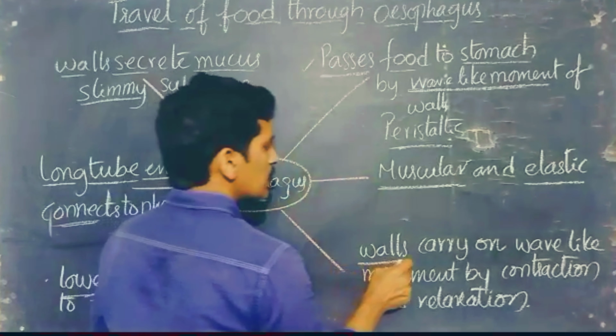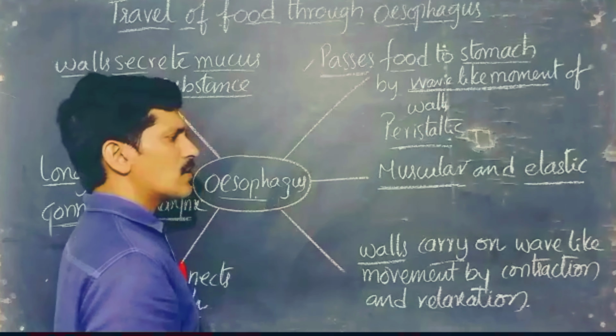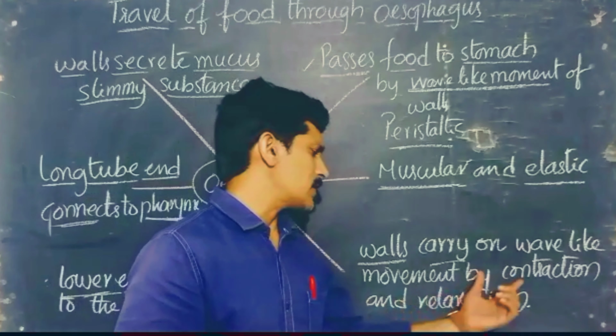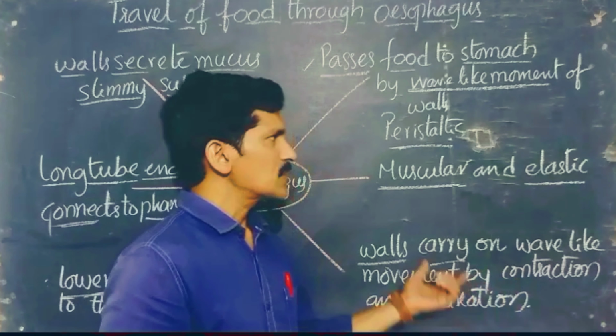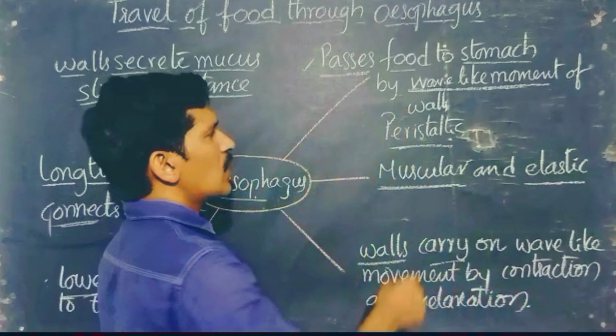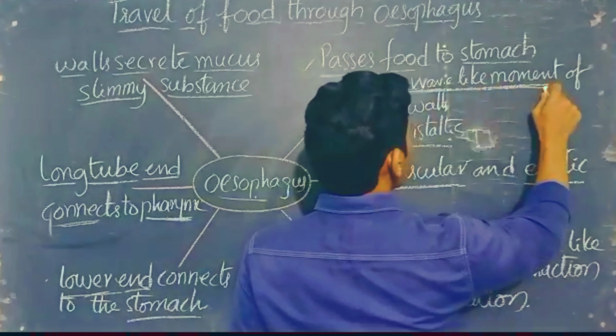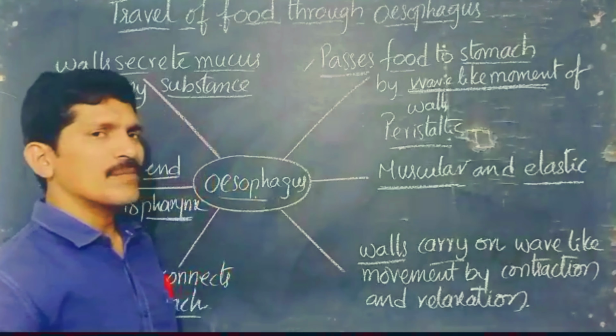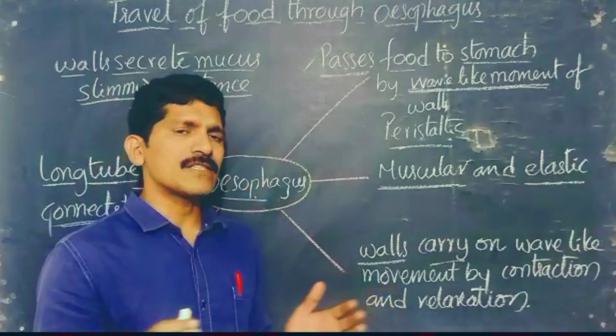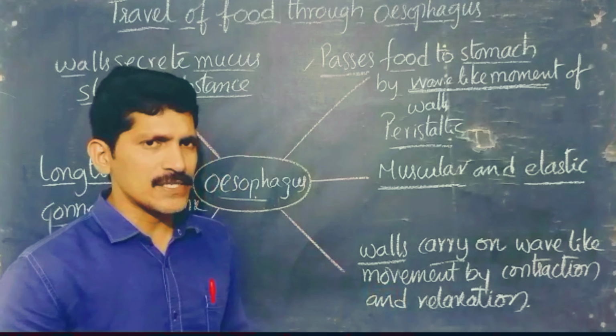Later, the walls carry on a wave-like movement by contraction and relaxation. In the beginning we said that while food is passing through the esophagus, it shows a wave-like movement. How does it happen?